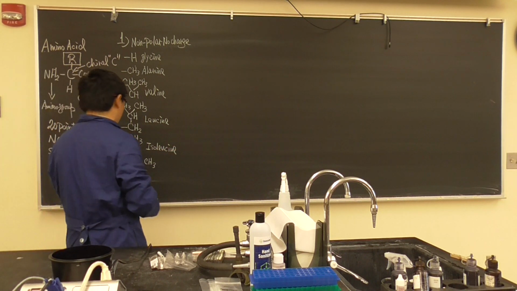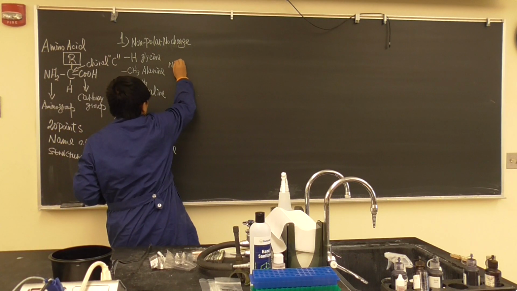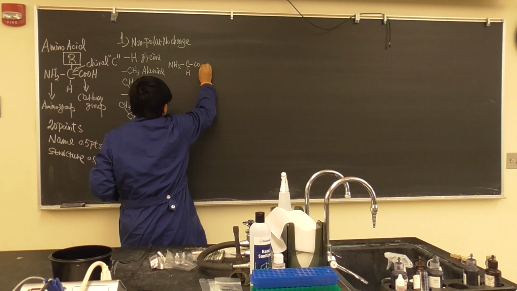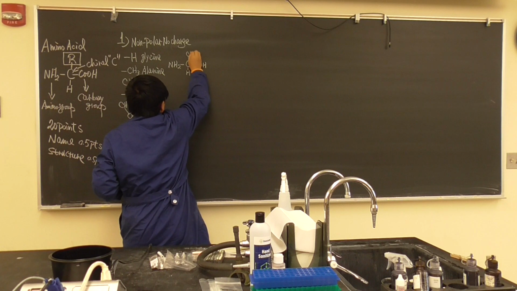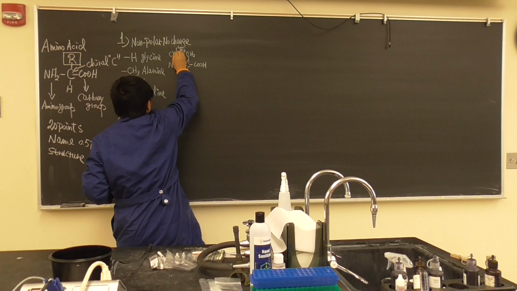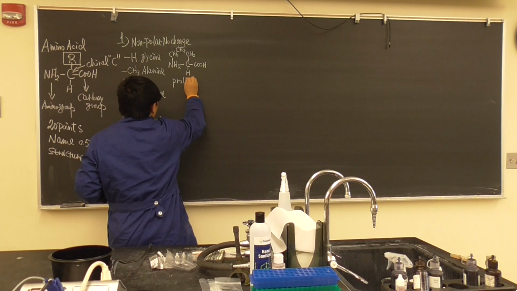Now the one which is proline. I usually have to draw the whole thing because it's a ring, so CH, COOH, then go to the top, CH2, CH2, and then CH2, going back. So that's proline.